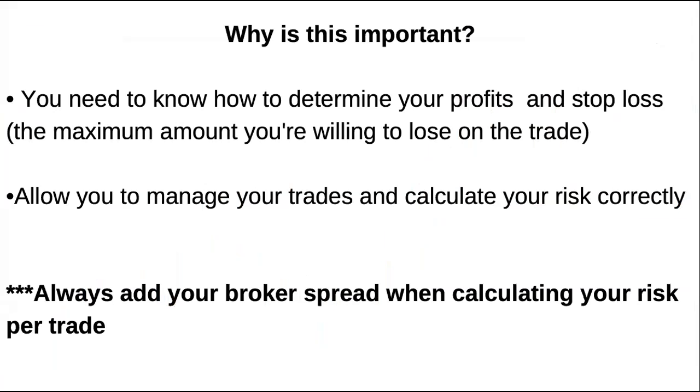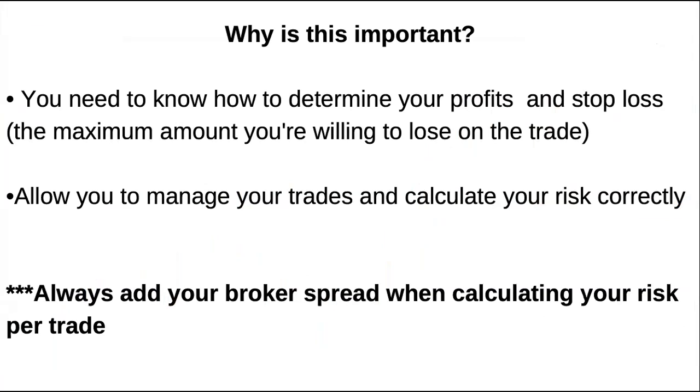So why this is important is you need to know how to determine your profits and your stop loss, the maximum amount that you're willing to lose on the trade, and to also allow you to manage your trades and calculate your risks correctly.